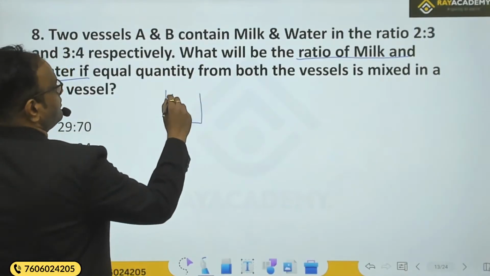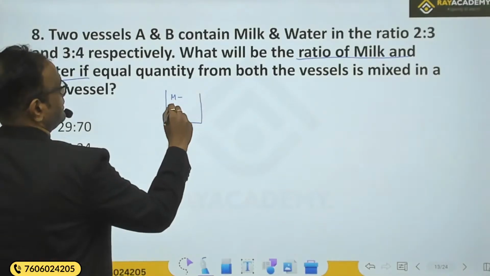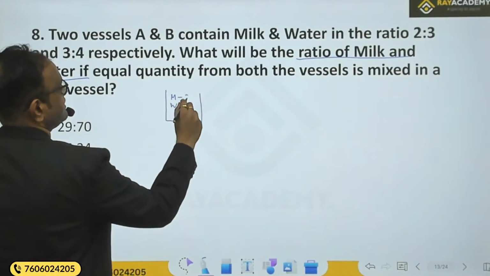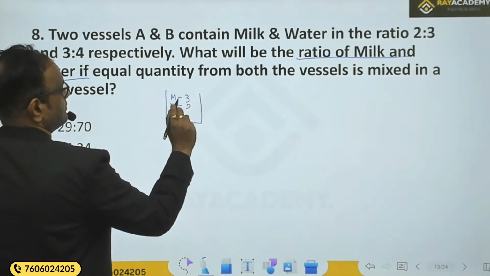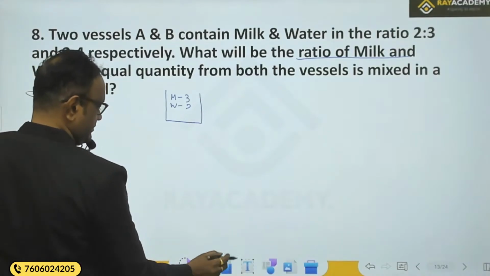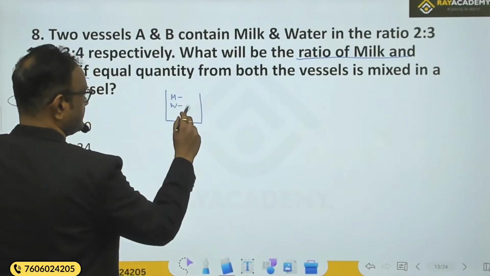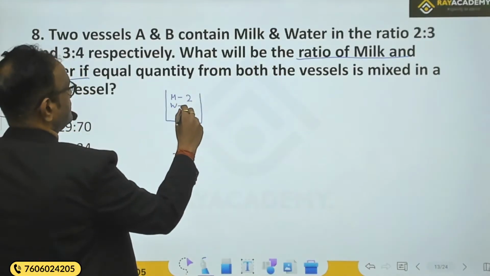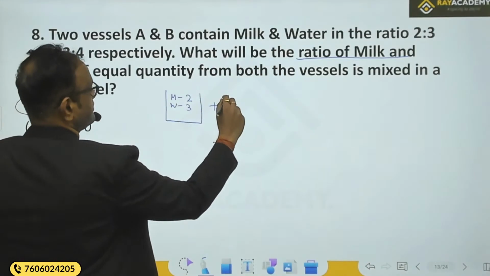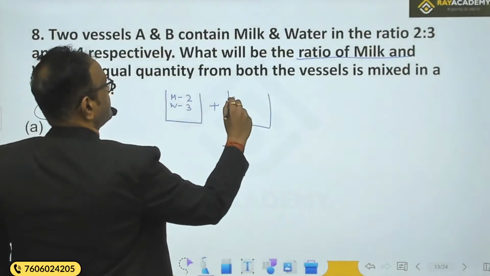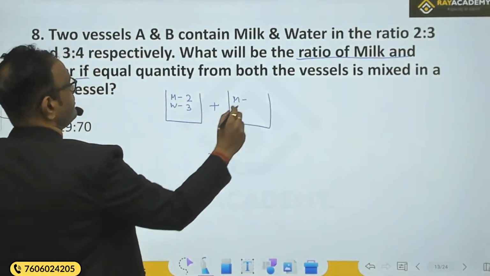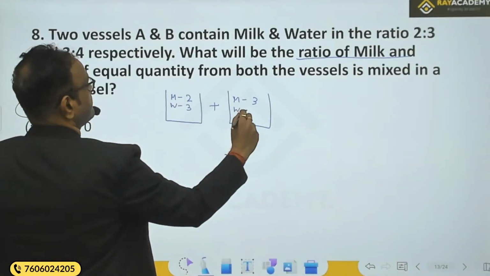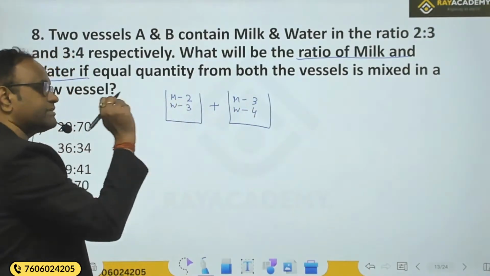This is milk and water. Milk is given 2 part and water is 3 part, mixed with another vessel where milk is given 3 part and water is given 4 part. So 2:3 and 3:4.